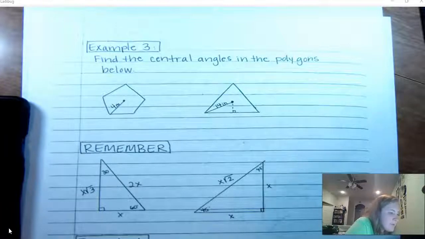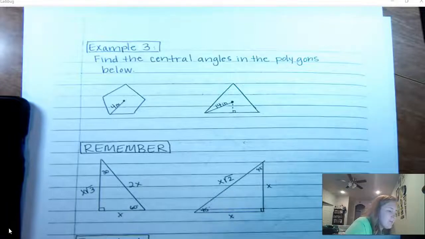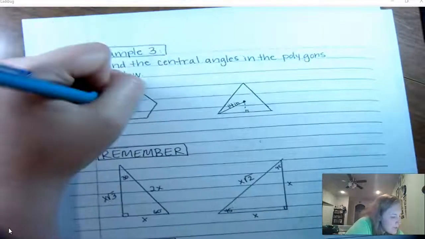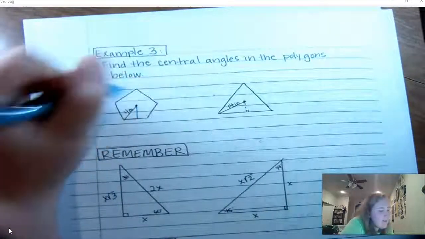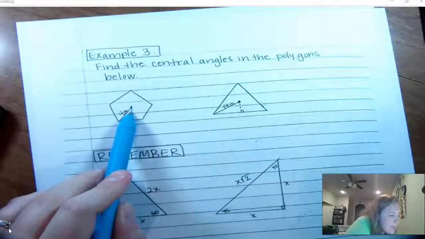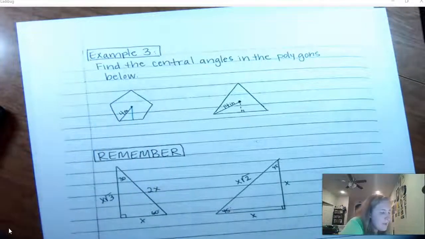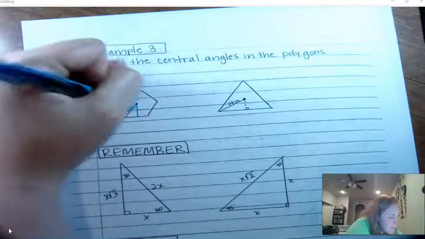Okay, and then this says to find the central angle in the polygons below. And trust me, there is a method to my madness. There's a reason we're doing this, and that reason is so that we can eventually find the lengths of the apothems and the sides of the triangle. But let me get you there.